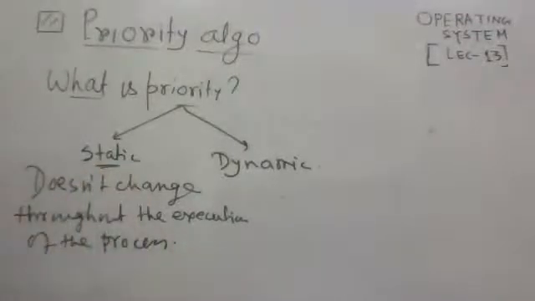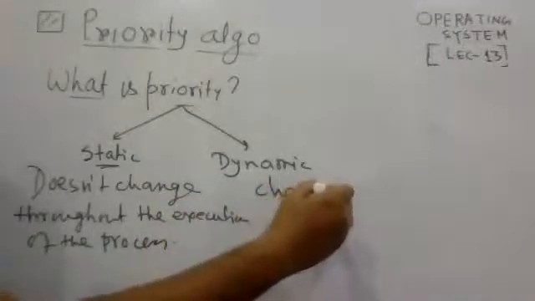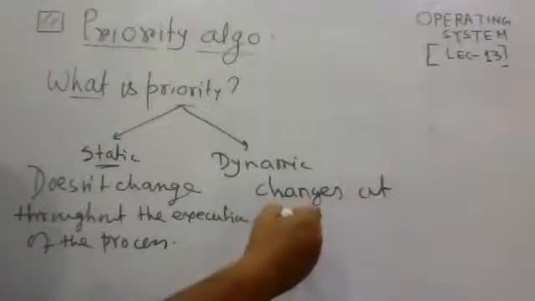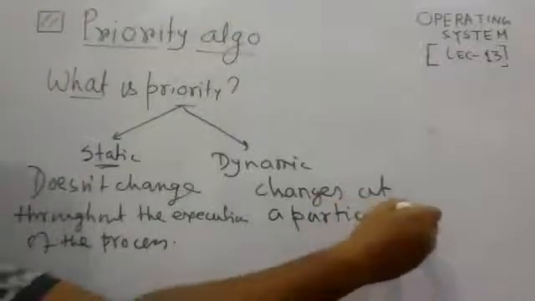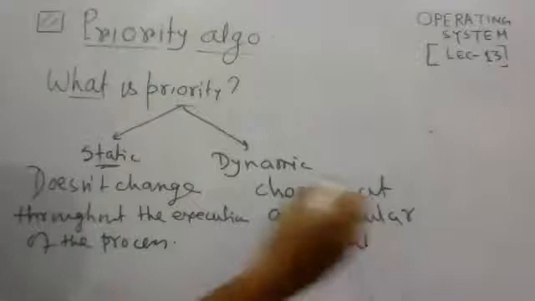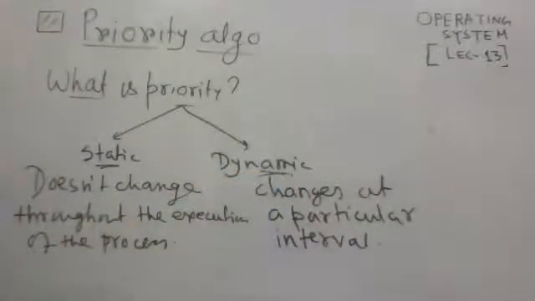But in case of dynamic, the priority changes at a regular interval of time. So that's why it is called dynamic, dynamically changing the priority, whereas here it is fixed.